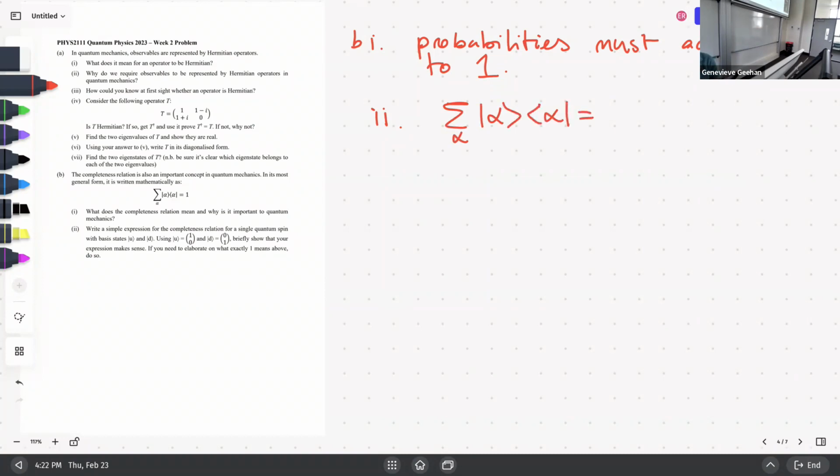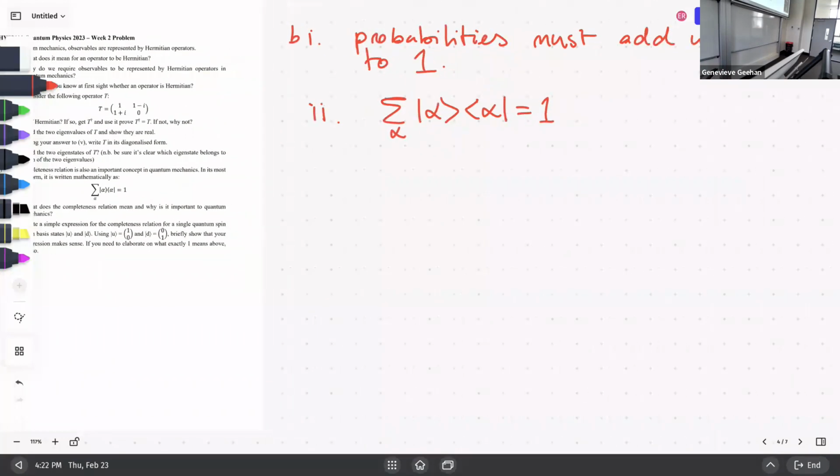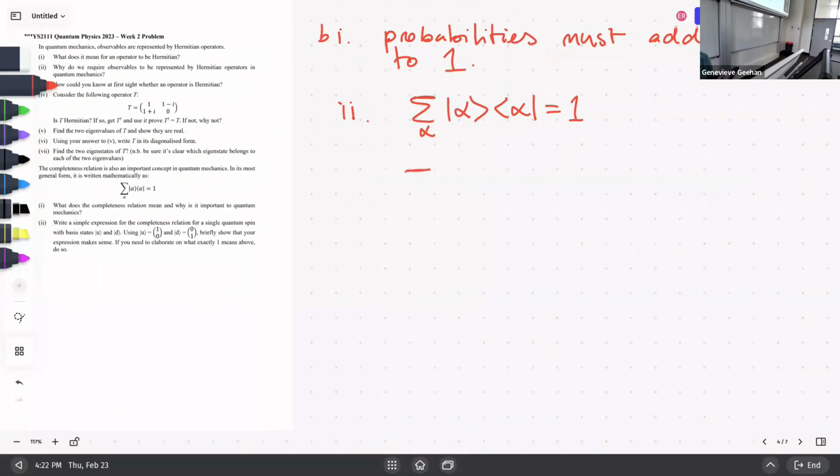So that has to equal 1. So let's sum up our eigenvectors, our eigenstates. Okay, so we're summing up plus down.